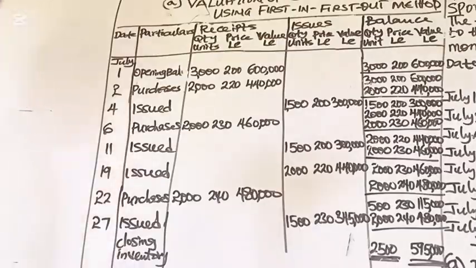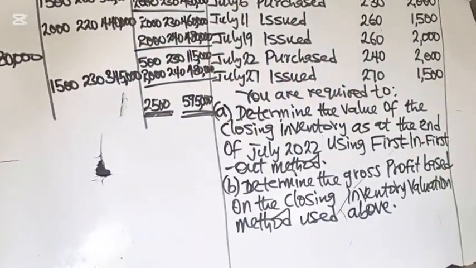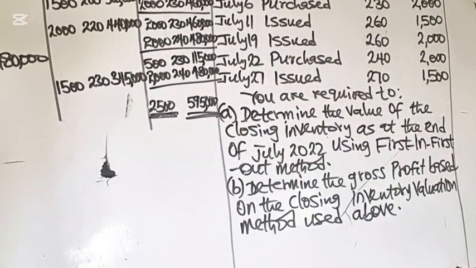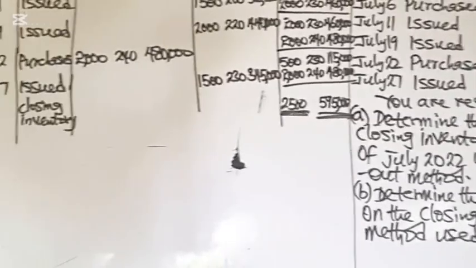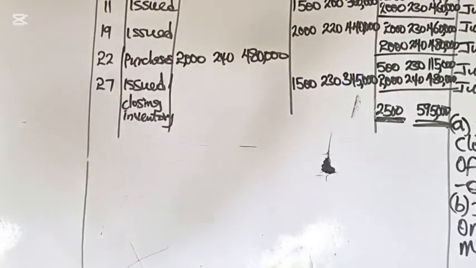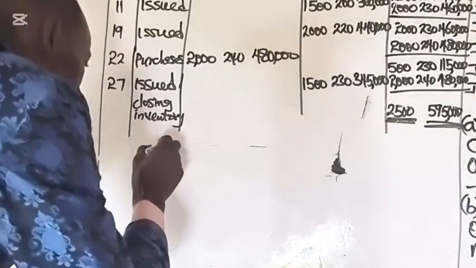So in the B part of the question, you are to determine the gross profit based on the closing inventories valuation method used above. So we want to determine the gross profit. So calculation of gross profit.